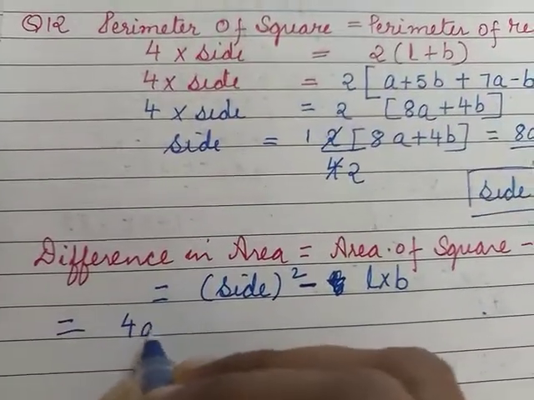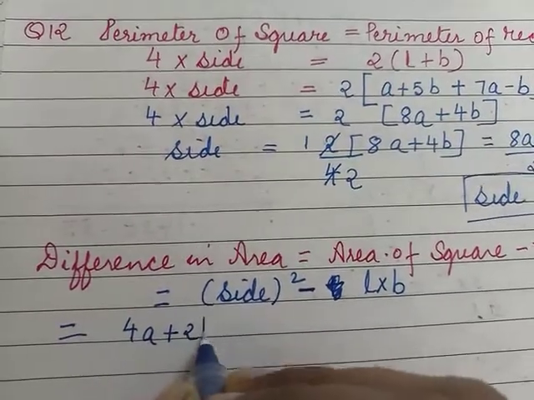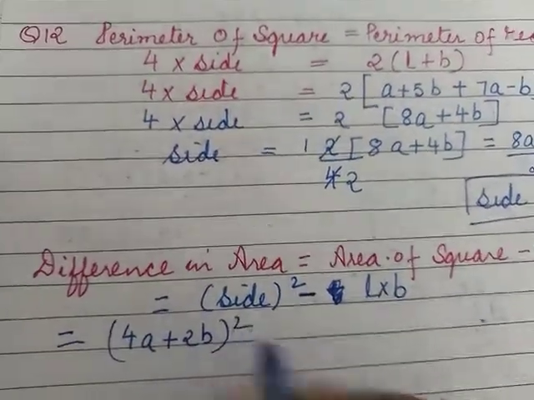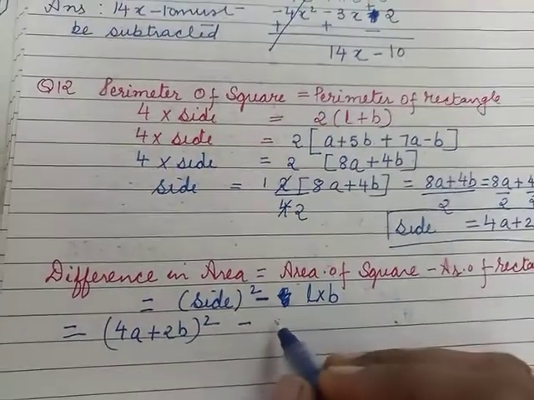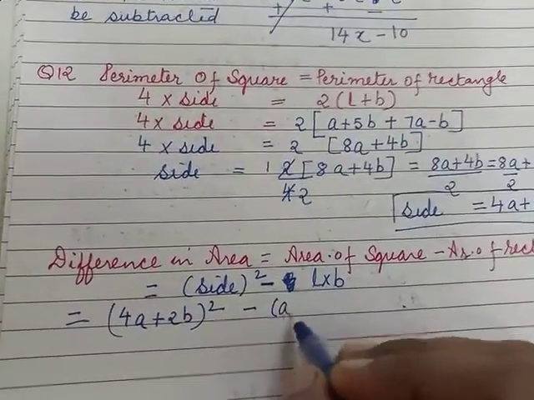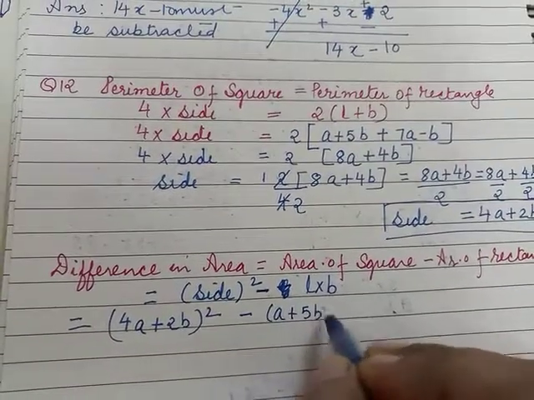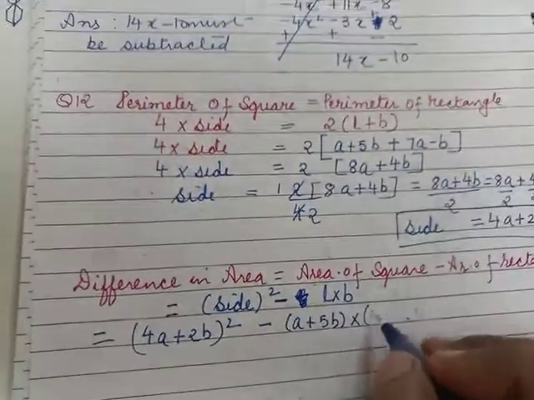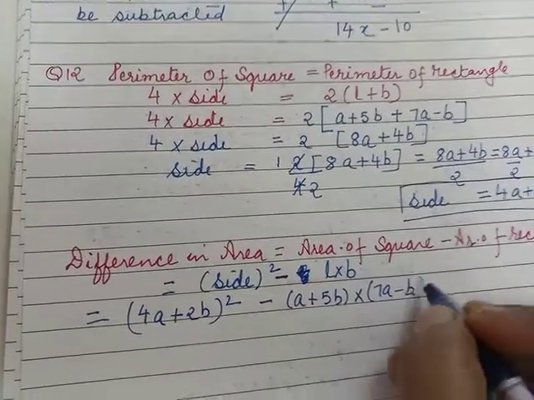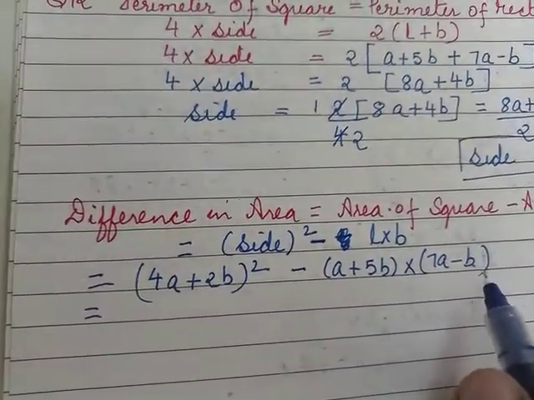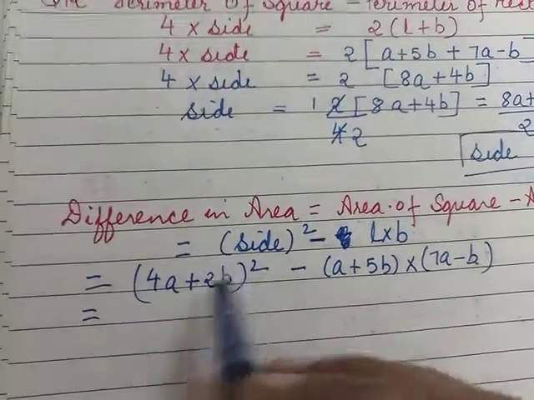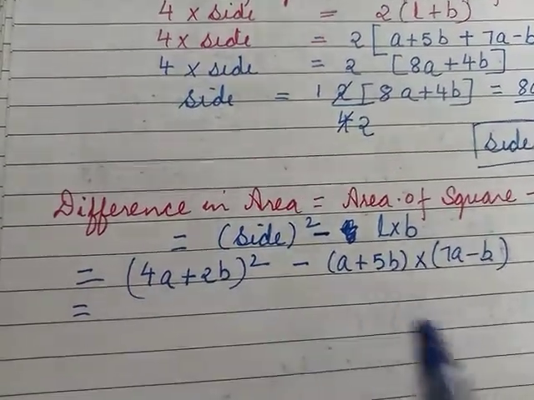So (4A plus 2B) whole square minus, now we put the measurement of length, that is A plus 5B into breadth 7A minus B. Now you have to multiply. So I have (4A plus 2B) whole square.